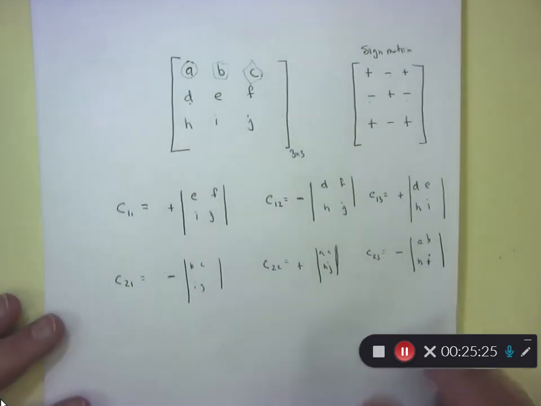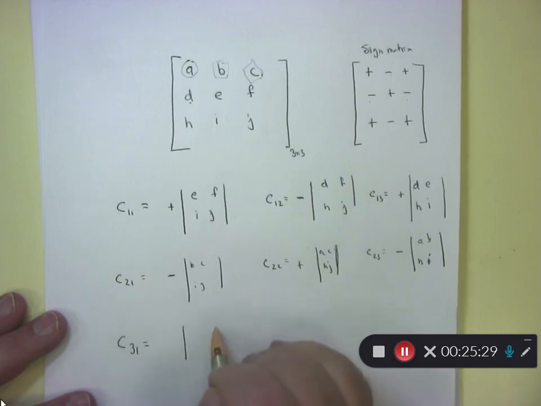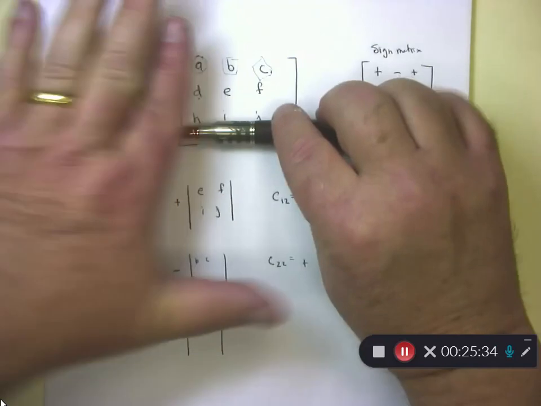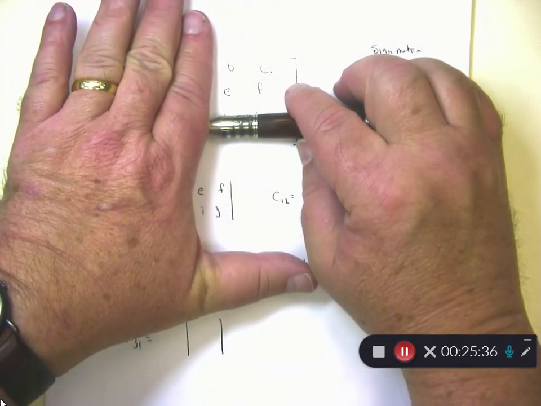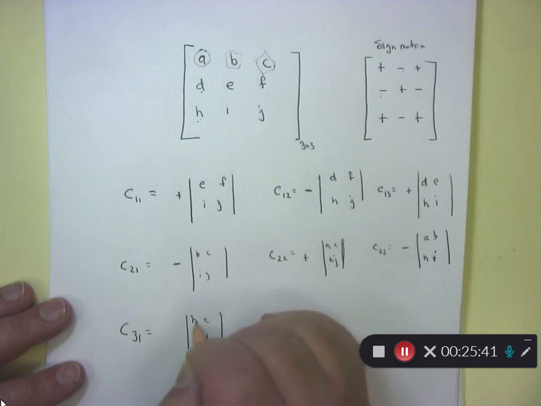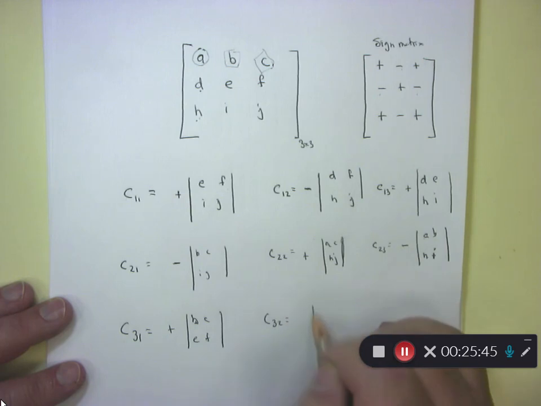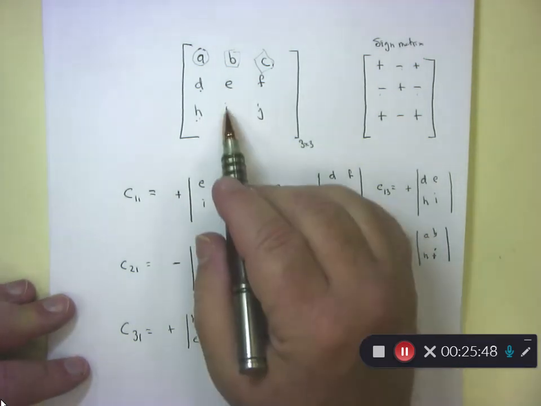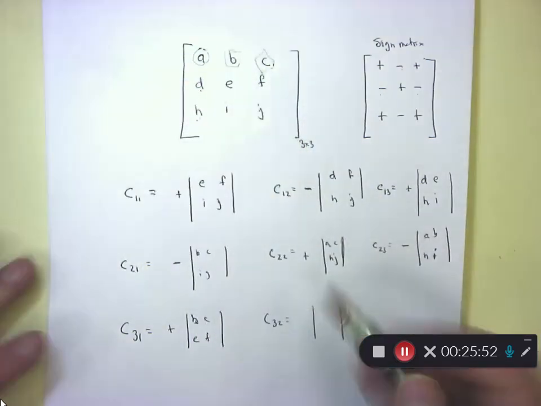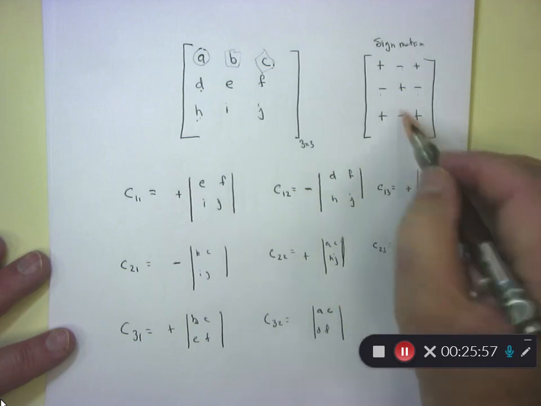And then one more row. The C31 position, that's the H position. Knock off the row and column with that, and you see the minor matrix B, C, E, F, and the sign on that one is back to plus. The C32 position: knock off its row and column, and that's your A, C, D, F, and that one is negative.